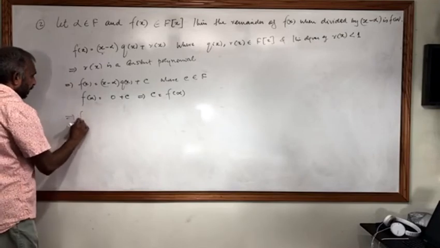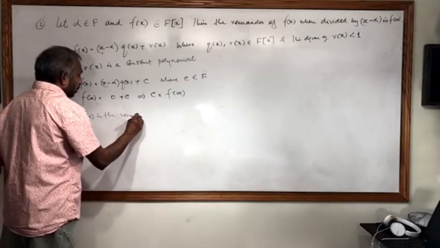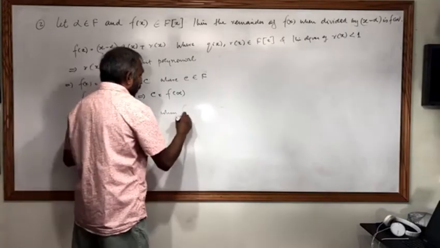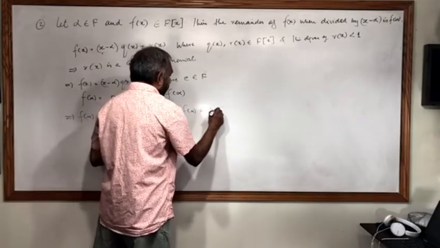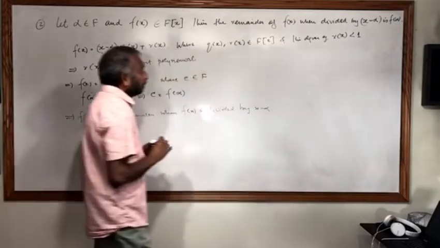That implies f(alpha) is the remainder when f(x) is divided by x minus alpha.